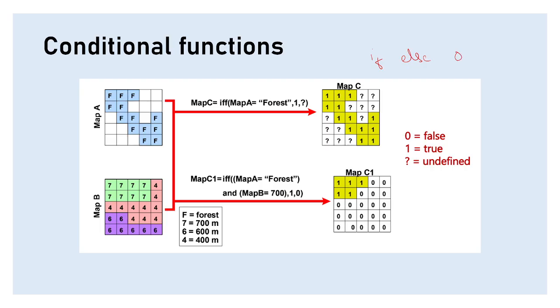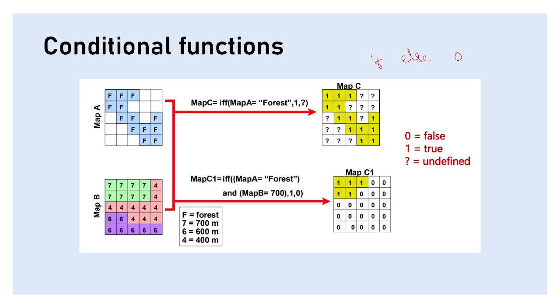Here in this map A we have two things: F and no data. This blank one you call no data, or unidentified. You don't have any values over here. You just have F and this one.